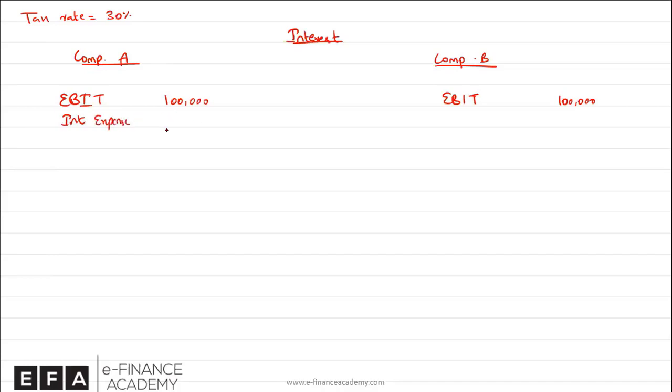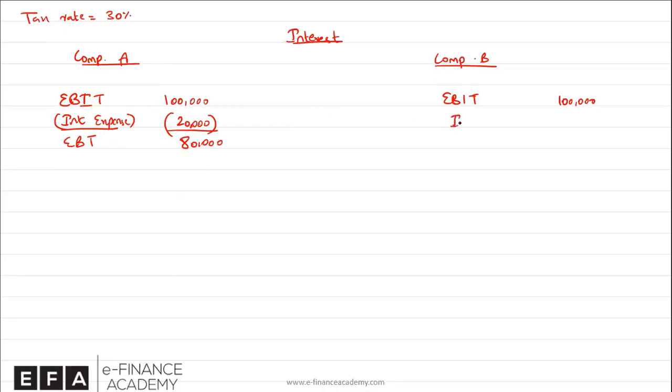So the amount of interest expense, let's say company A is funded by loan, so it has borrowed money, and therefore we are going to pay interest on that, while company B has no loan, it's fully funded by equity. So let's say the amount of loan here is $20,000, which means earnings before tax is around $80,000.